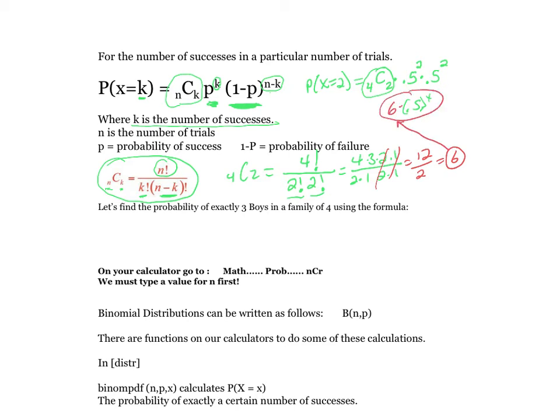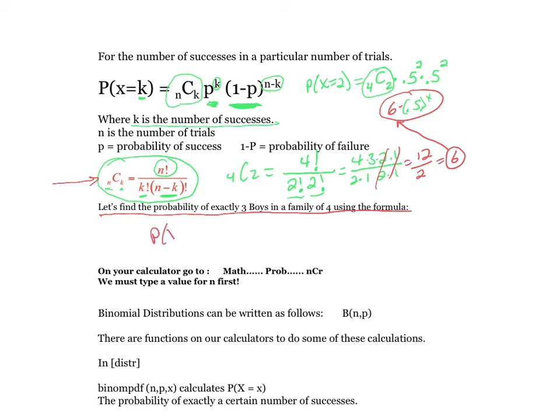And if you want to rewind the video, that's the formula we figured out for the 2 boys, 2 girls case when we were looking at the theoretical data, okay? So this little formula tells you how many arrangements there are of k successes in n trials. So let's do one more example of that formula. Let's find the probability of exactly 3 boys in a family of 4 using the formula.